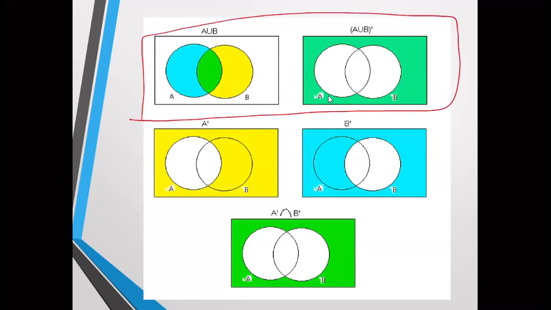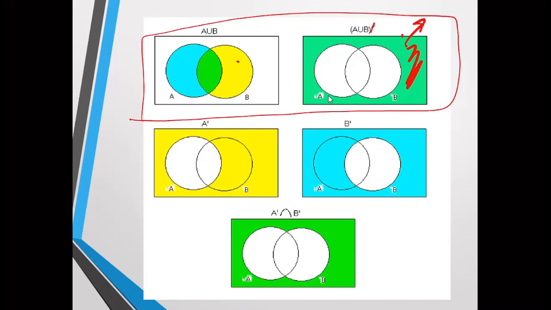Here we have A union B. It is clear. Now this second one is the region A union B complement. All the elements except A union B in green color.